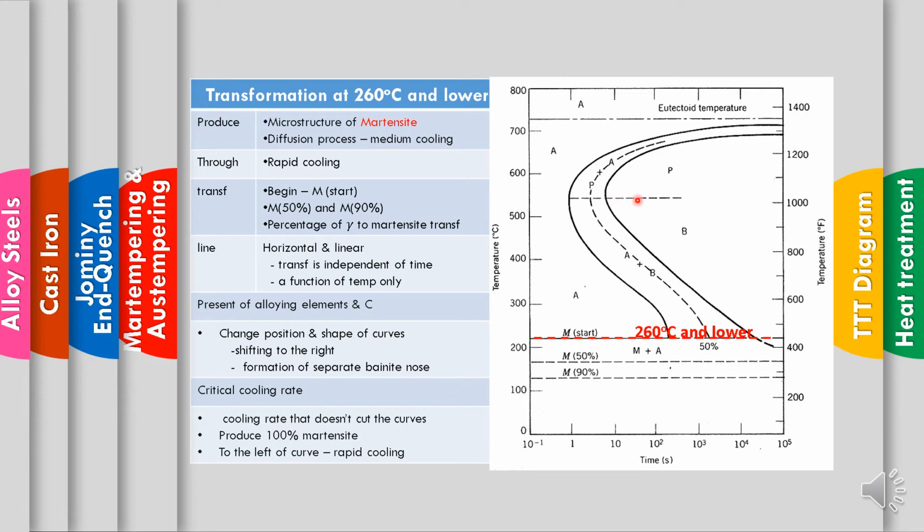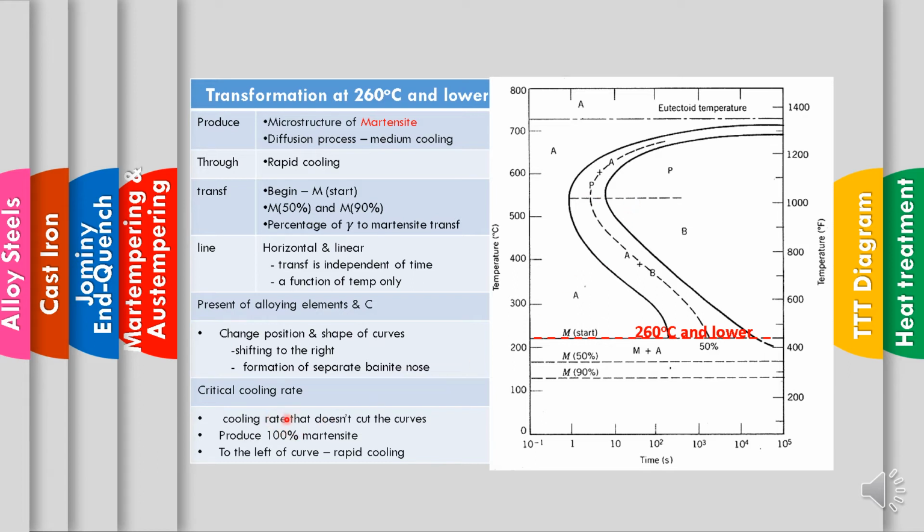Actually, when we increase the carbon content, the nose will shift to the right, due to the composition and the effect of the cooling time. Then we have the formation of the separated bainite nose, which also shifts to the right.